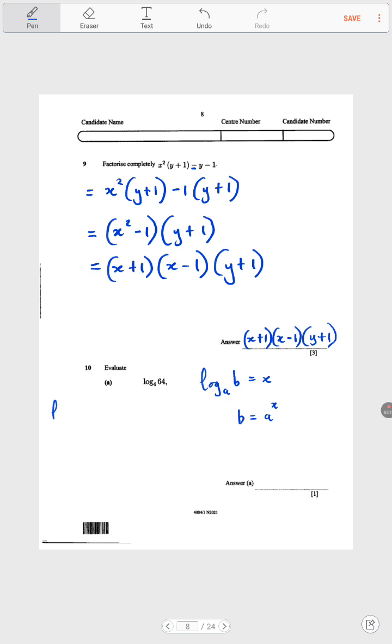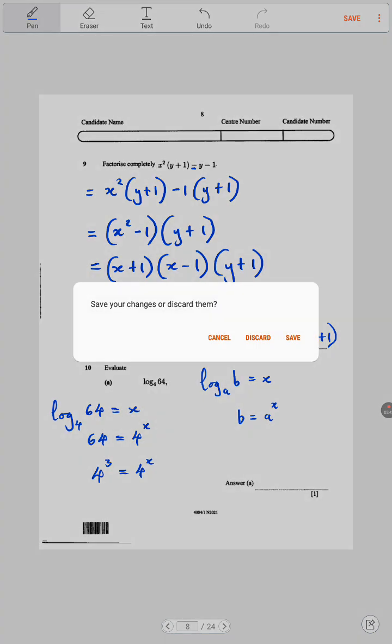So using that, here I'm going to say log 64 to the base of 4 equal to x, which gives us 64 equal to 4 to the power of x, and this one is equal to 4 to the power 3, which is equal to 4 to the power x.